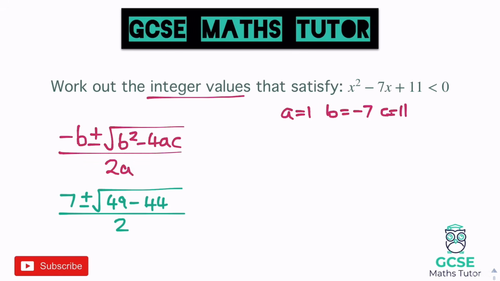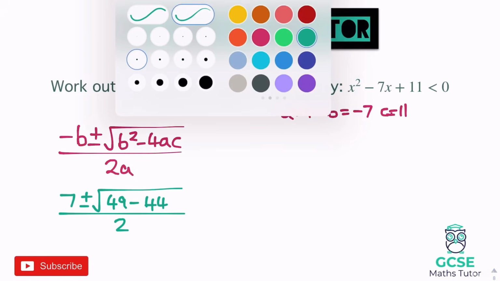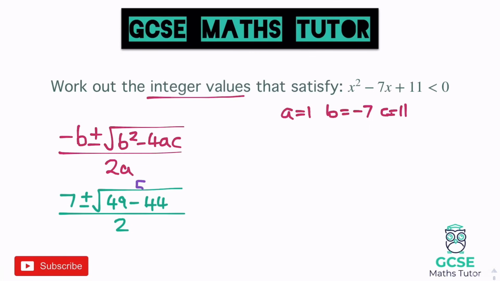Right, so typing that into the calculator then, so I'm just going to press my fraction button, 7 plus the square root of, and let's see, 49 take away 44 is 5, so it's the square root of 5 in there. So I'm just going to put that in, 7 plus the square root of 5 over 2, so we get this, let's have a look, we get one value there, when I've done the plus, I get the value 4.618 and some further decimals, but I'm just going to leave it as it is.